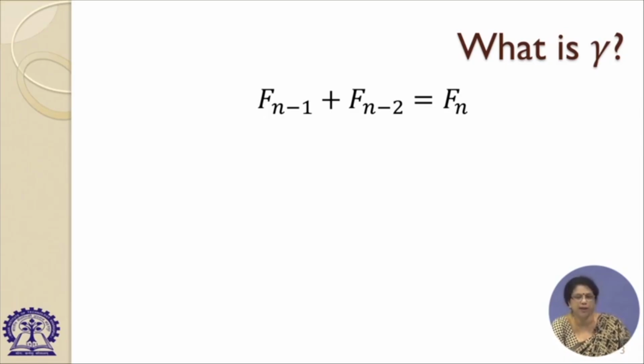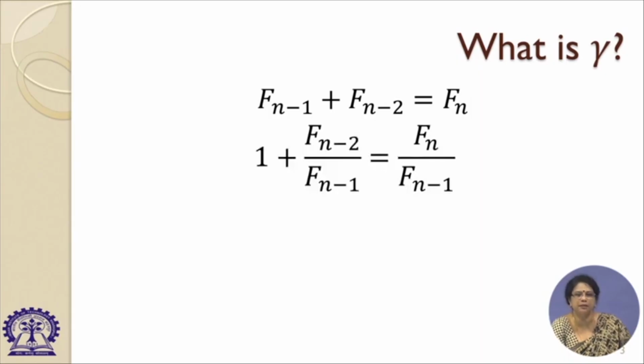That is why if we do some simplification here by just dividing by f(n-1), we could see that 1 plus f(n-2) divided by f(n-1) is equal to f(n) divided by f(n-1). What is n? n is the number of experiments we considered in the Fibonacci method. Now, as I said, in the golden section method, this n is not given to us.